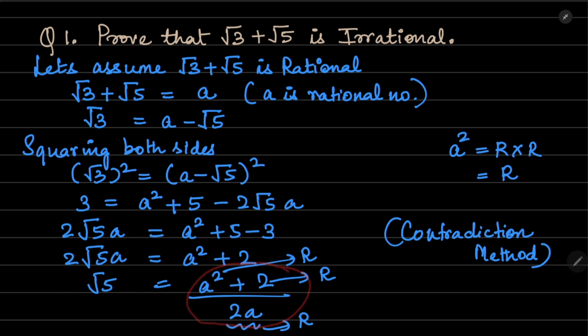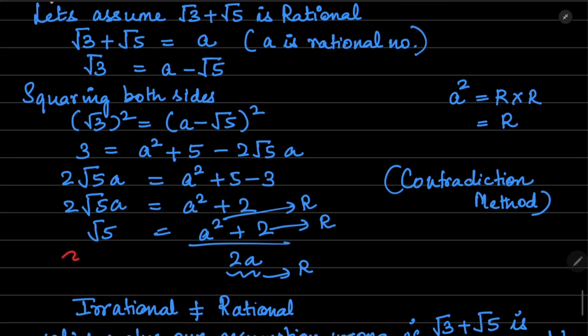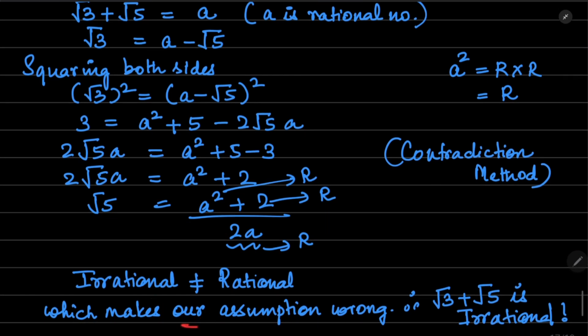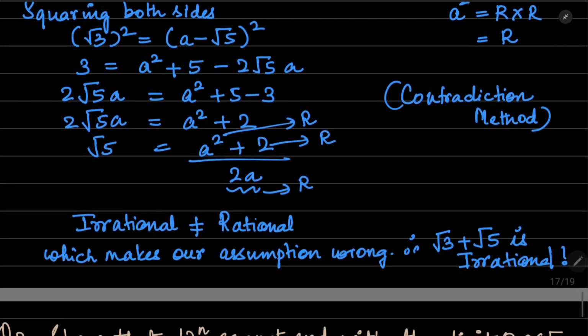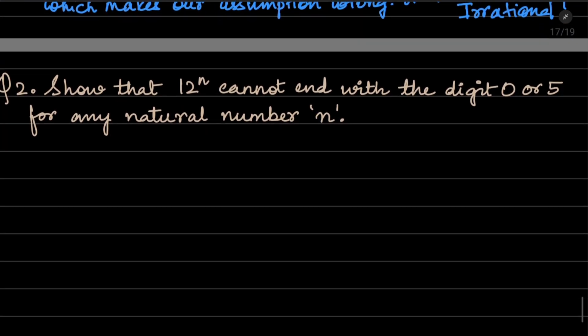All the other terms make up a rational. Rational by rational is also rational. So we finally conclude that irrational cannot be equal to rational, which makes our assumption wrong. Therefore, root 3 plus root 5 is irrational. Please try this once, and this is a very good question.